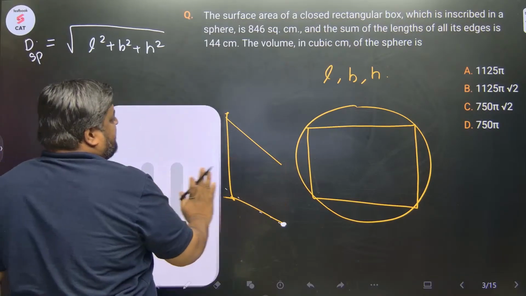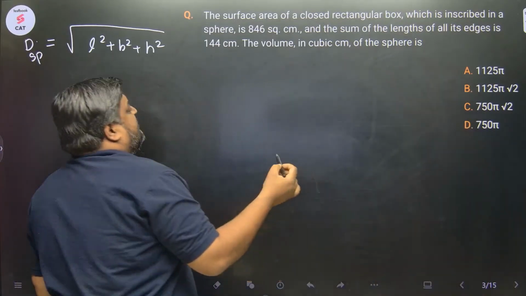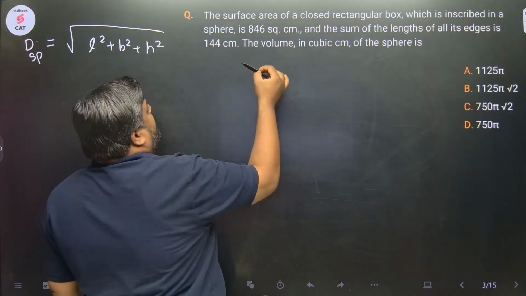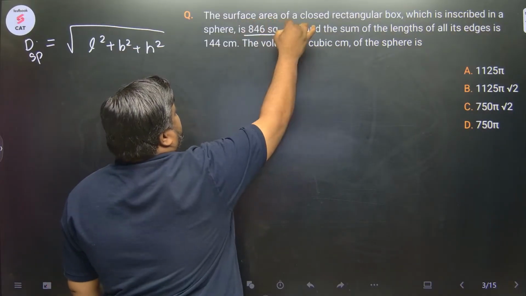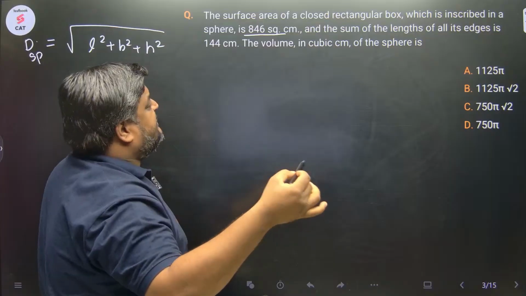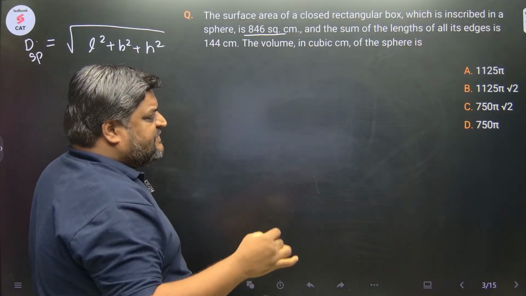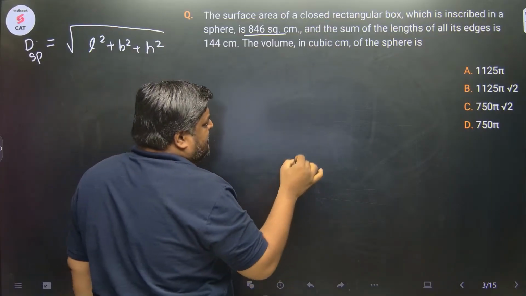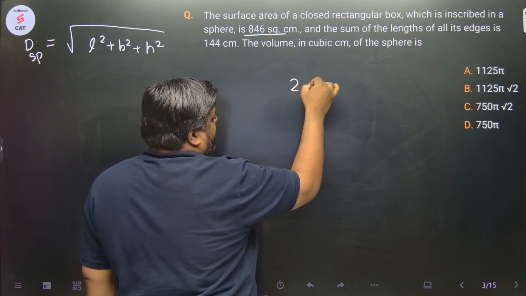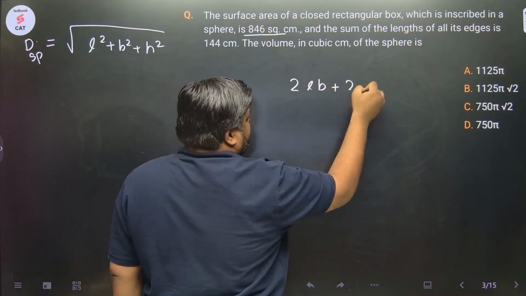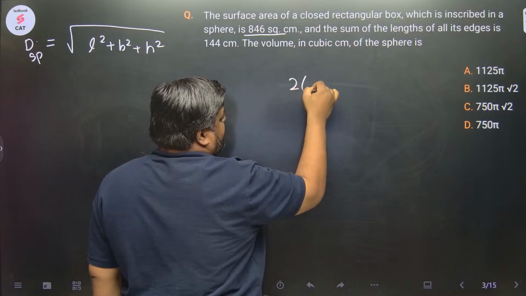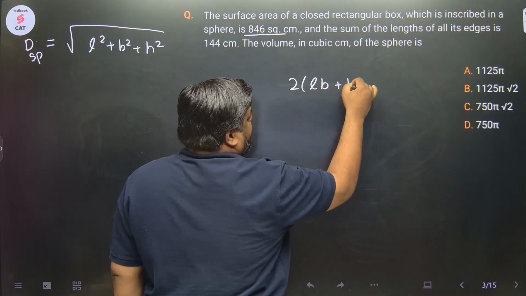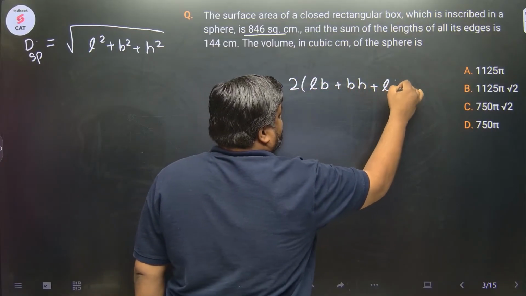Come on. Now what is given? What is given here? You are given 846 square centimeter. What is this? The surface area. What is the total surface area of a rectangular box? That is 2 times (LB plus BH plus LH).